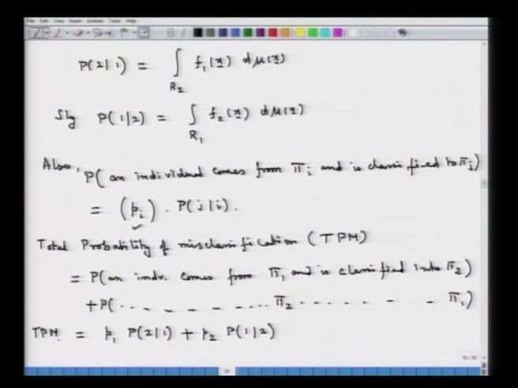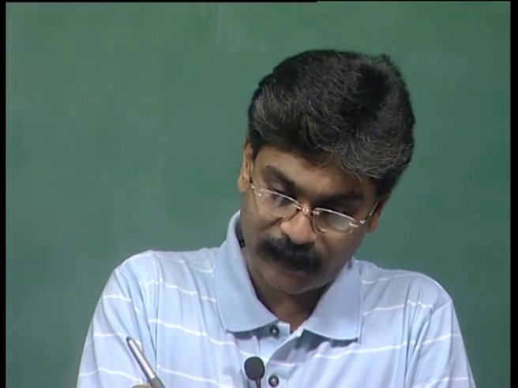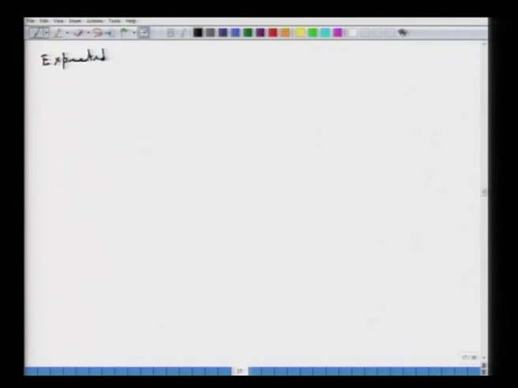Now, here note that when we are looking at the total probability of misclassification, one is not looking at the costs of misclassification. So, one can also look at a quantity which is called the expected cost of misclassification, or ECM.